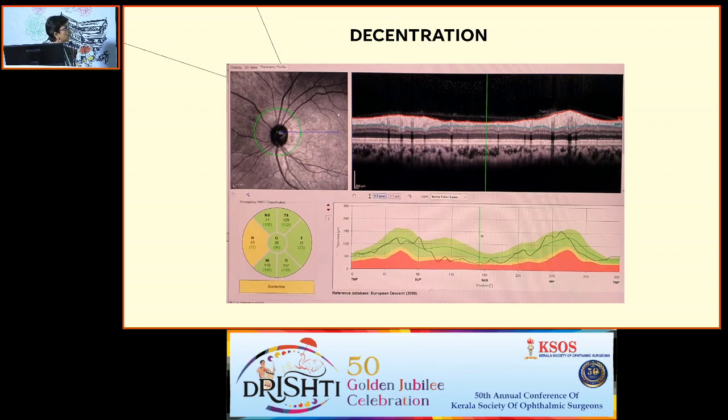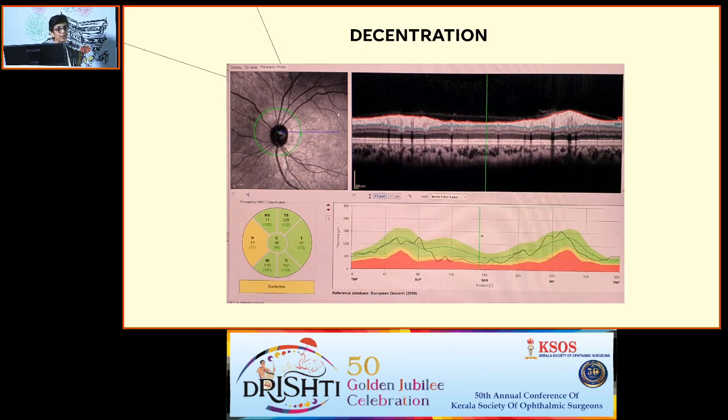If this measurement ring moves superiorly, then you are going to measure a thicker area inferiorly as compared to a thinner area superiorly. So there is a higher chance of violation of the ISNT rule. So decentration is a very important thing to be looked for.